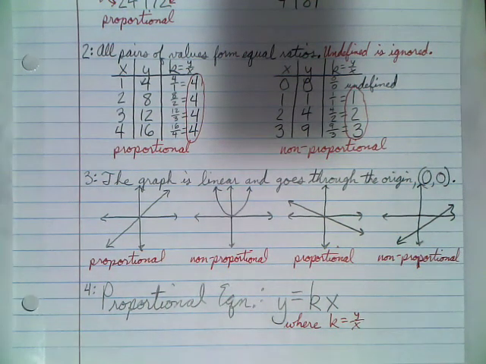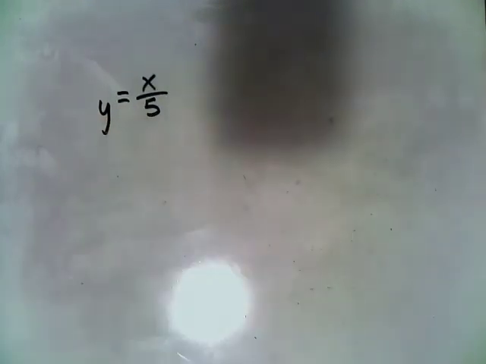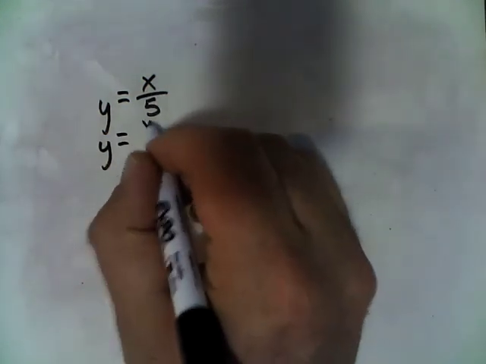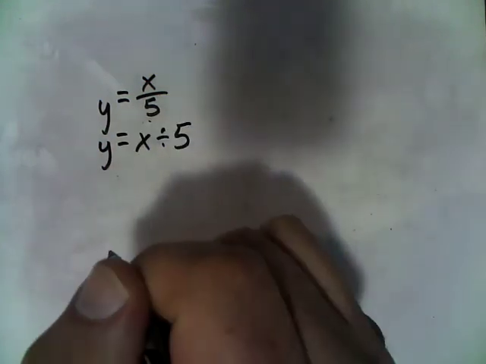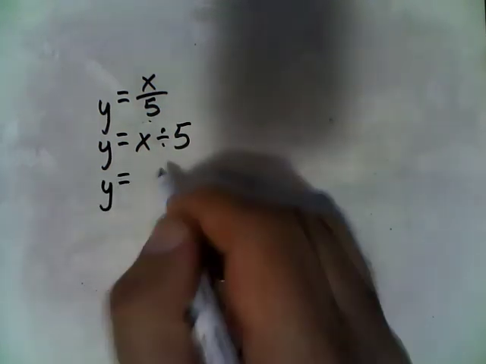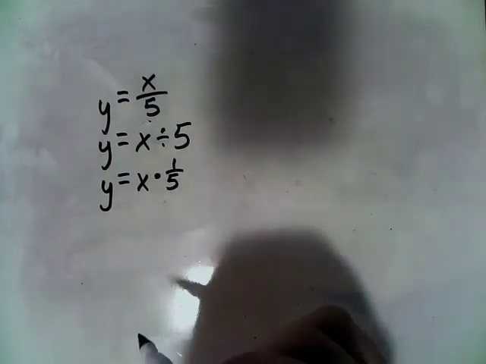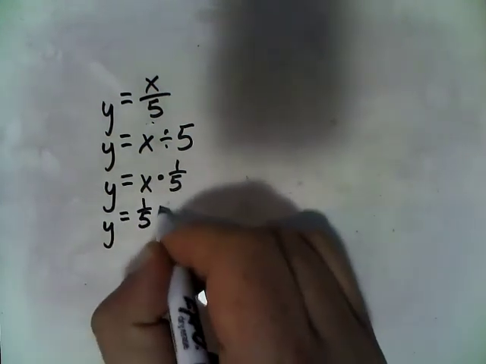Now, on my dry erase board here, I'm going to make one little point about this. Let's say you had something along the lines of y equals x over 5. Remember that fractions mean division, so this is really y equals x divided by 5. And then we need to also remember that division is really multiplying by the reciprocal. So y equals x times, and the reciprocal of 5 is 1/5. Well, if we use the commutative property of multiplication, switch those around, we get 1/5 x.